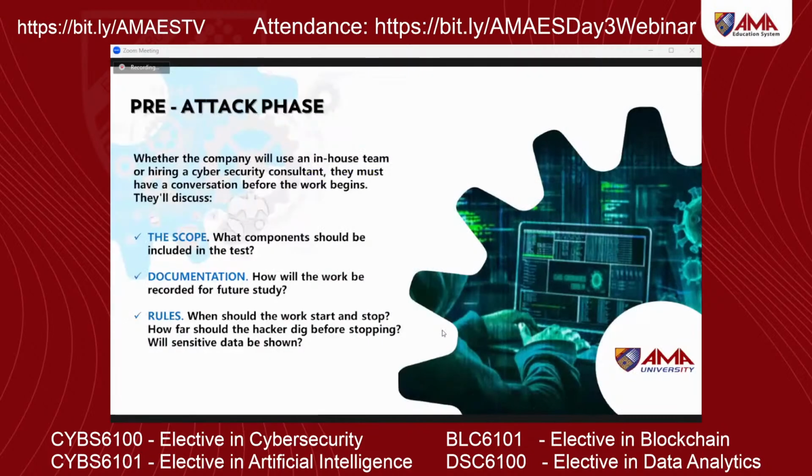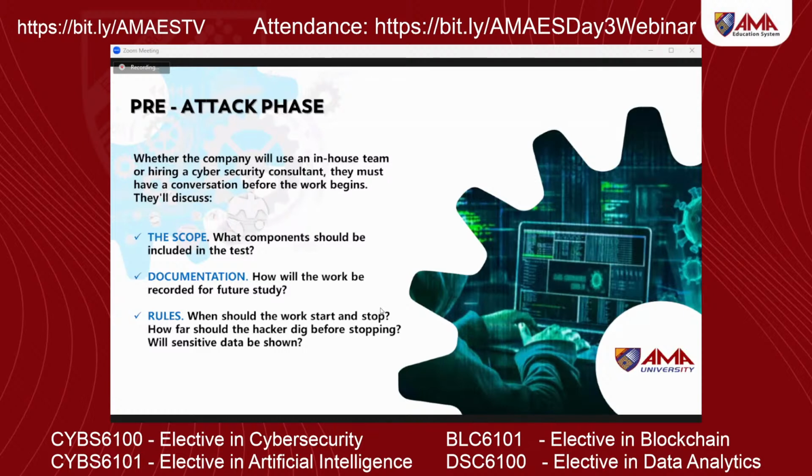Meron tayong pre-attack phase. That is the first one. So, whether the company will use an in-house team, or yung mga empleyado na nila mismo, or they will hire a cybersecurity consultant, they must have a conversation first before the work begins. Ano yung mga i-discuss nila? Of course, number one is the scope.